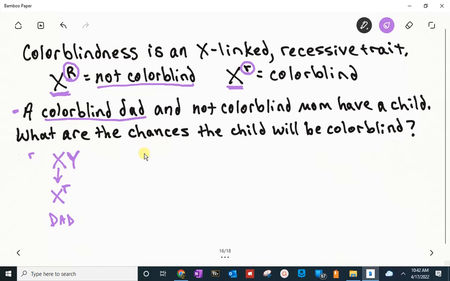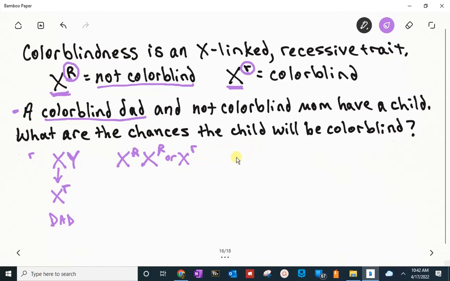And then a not colorblind mom. So a not colorblind mom would have to have a dominant R for not colorblind. And then her second X chromosome could be another capital R for not colorblind, or a recessive r for colorblind.